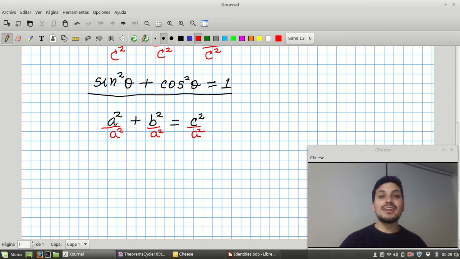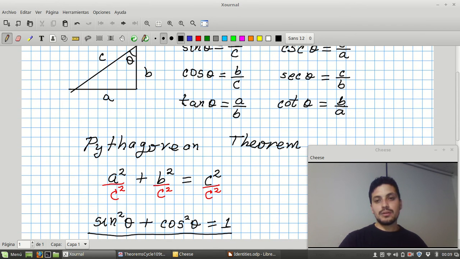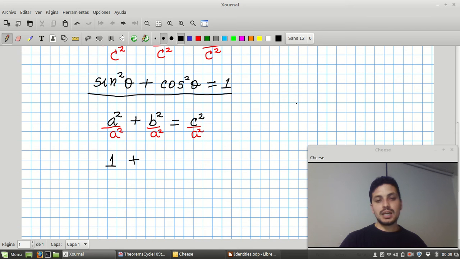What's going to happen if I divide it by a squared? So a squared divided by a squared is going to be 1, plus b squared over a squared. So b squared over a squared is cotangent squared.